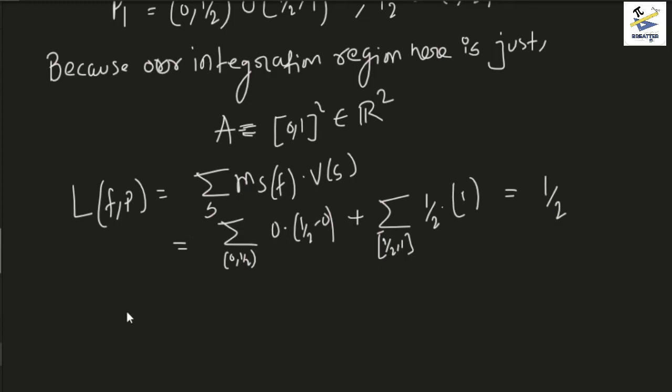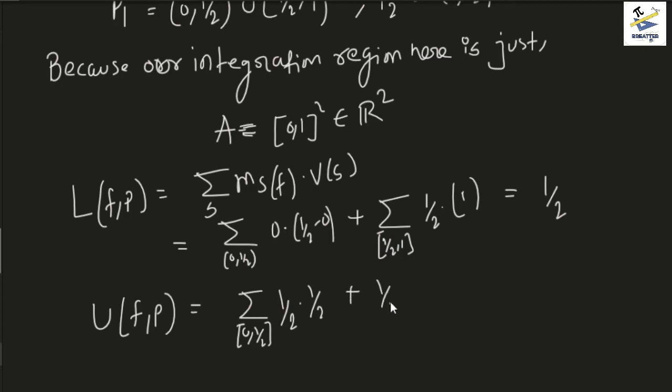And similarly for the upper sum, we have for 0 comma 1 by 2 it is 1 by 2 into 1 by 2, and for the other part it's also again 1 by 2 into 1 by 2, so it's 1 by 4 plus 1 by 4, which is 1 by 2.